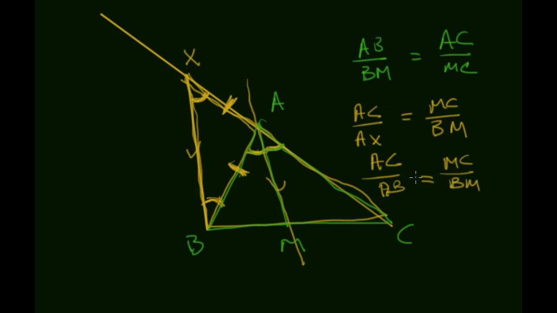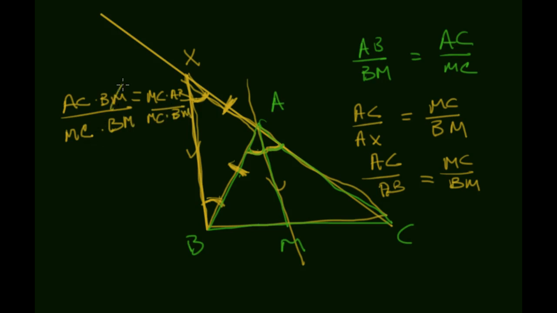Okay, so if I cross multiply here, I'm going to get AC times BM is equal to MC times AB. Okay, so I cross multiplied and I got that. Now, let's divide both sides by MC times BM.